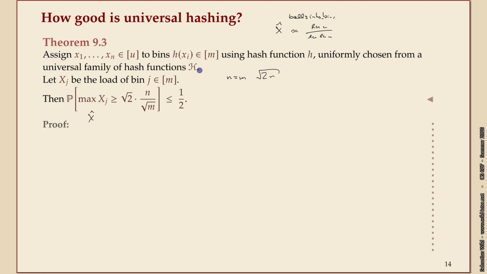If you care about the worst of all the buckets, the largest load of any bucket, you get a much bigger number, much weaker guarantee. Let's denote by Cij that the two keys xi and xj collide.